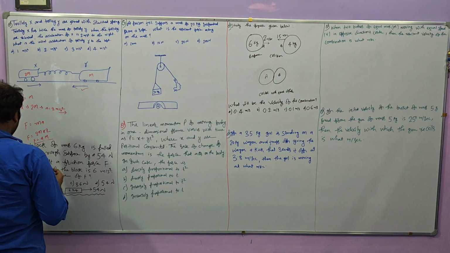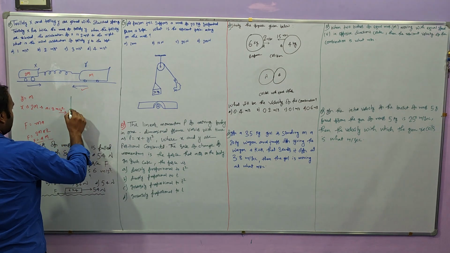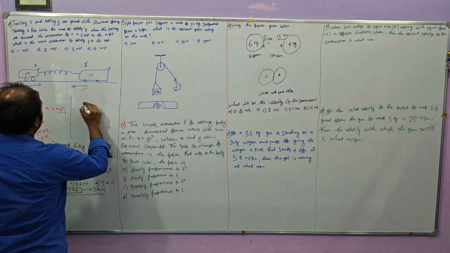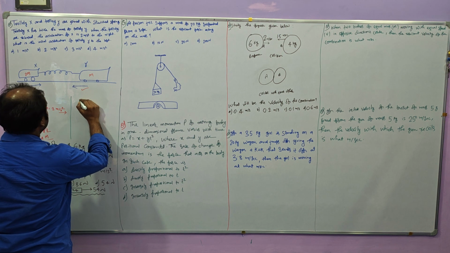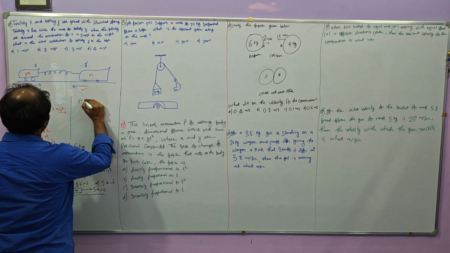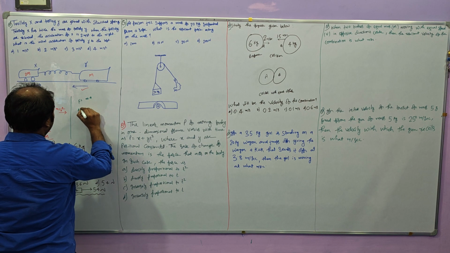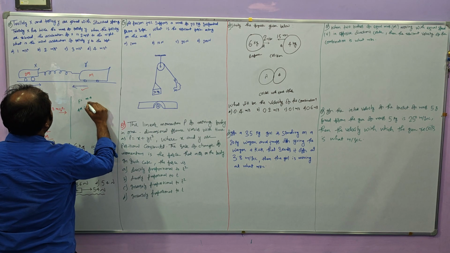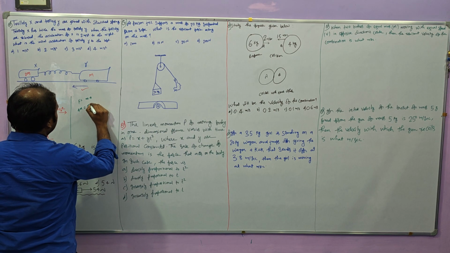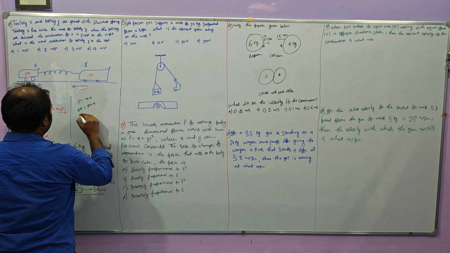So this force is also F is equal to ma. That F is 4m and the mass is m. A is equal to what? So m and m cancel.